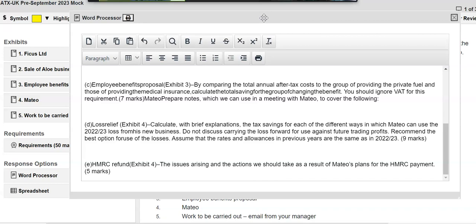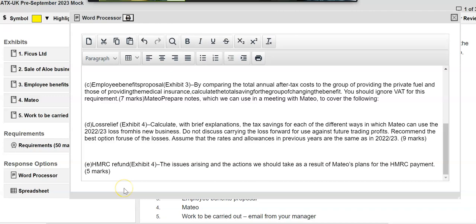In this question, HMRC has given a refund which in fact should not have been made. So if the refund has been made, what do we have to do? We have to return it to HMRC and also disclose that the refund has been made to us in error. And if the client does not agree, then we should stop working for the client. So that was what should have been written.